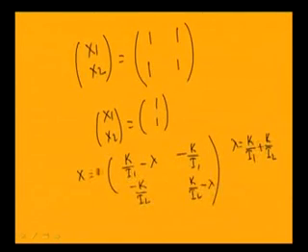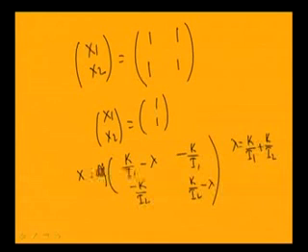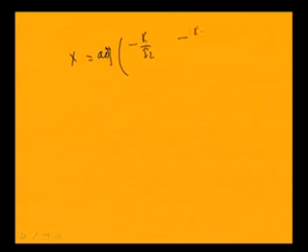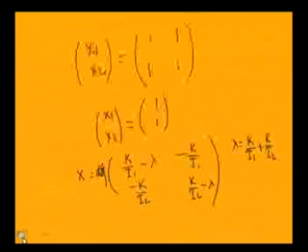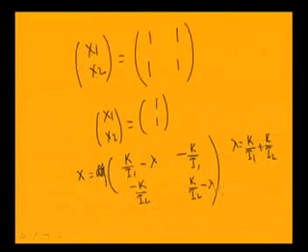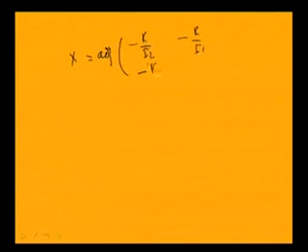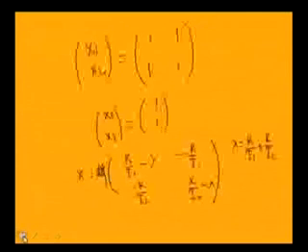So, x equal to adjoint of, so this becomes minus k by I2 and this is minus k by I1. So, this is minus k by I1, and this position becomes minus k by I2, and in the last position, this becomes k by I2 minus lambda.